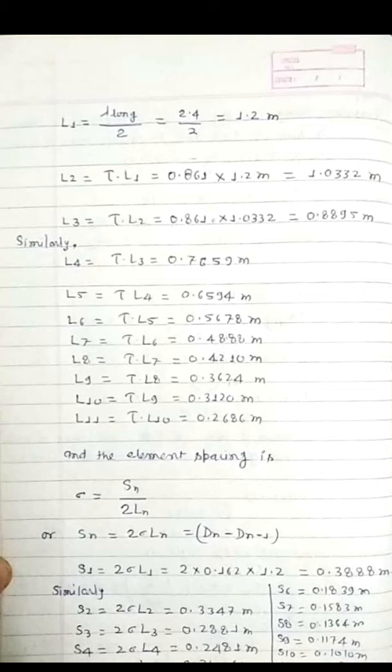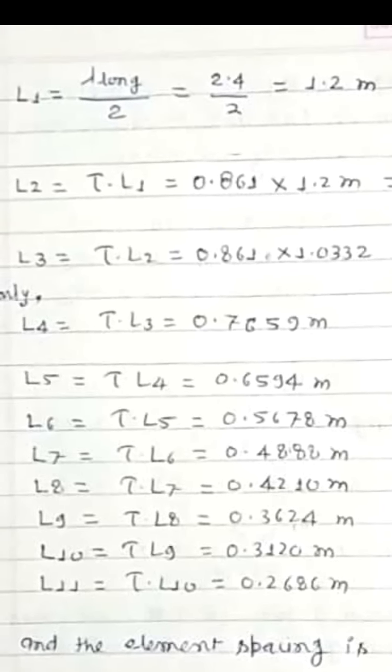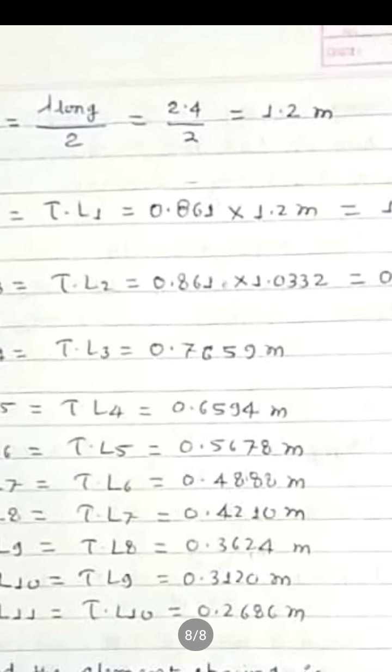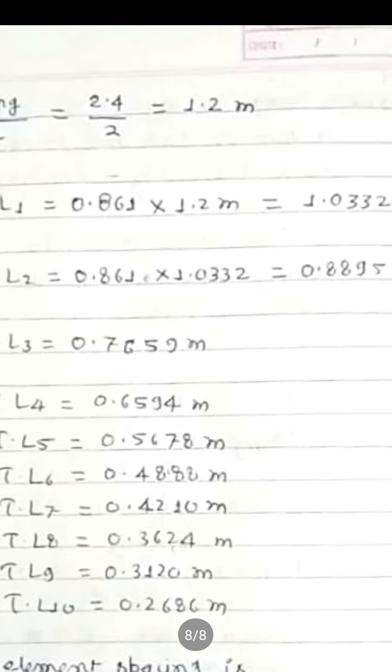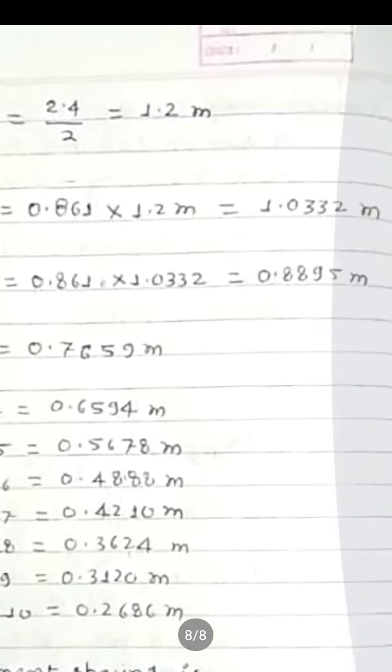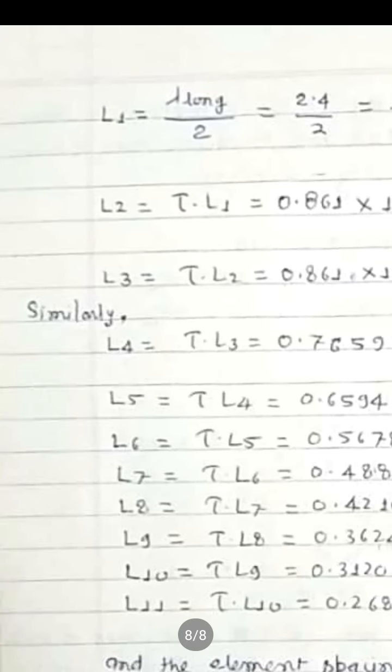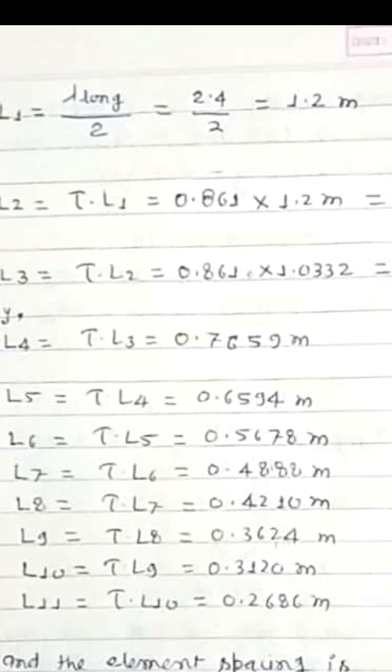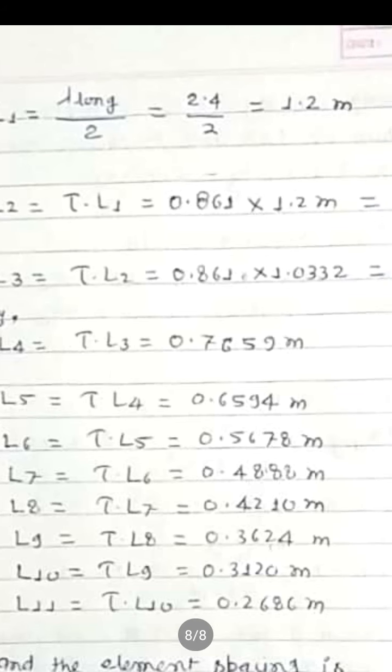Similarly, L2 equal to tau L1. The value of tau is 0.861 and the value of L1 we have calculated, that is 1.2 meter. So the answer is 1.0332 meter.